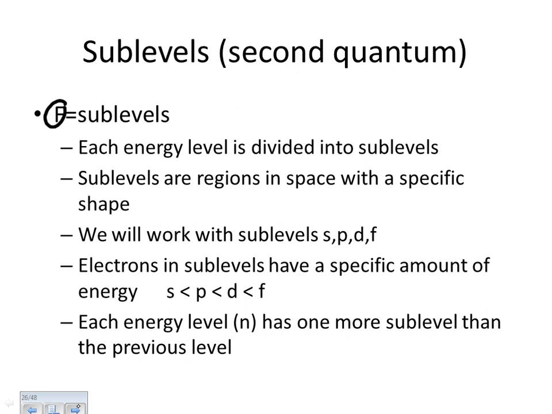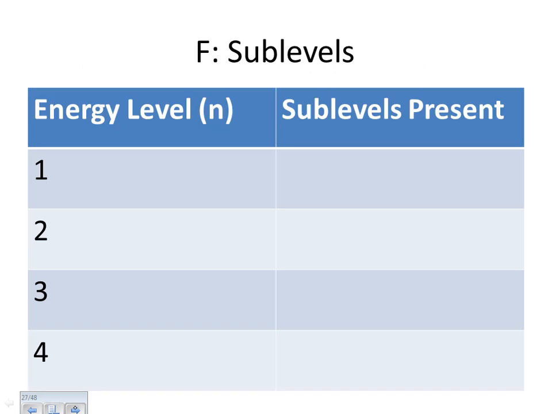So here are sublevels s, p, d, and f. And we'll see those on the periodic table. We'll point those out. But they're in increasing order of energy. So s is the lowest energy, f is the greatest energy. So if we're working with energy levels, we're only going to do 4 energy levels here because we're only going to work with s, p, d, and f.